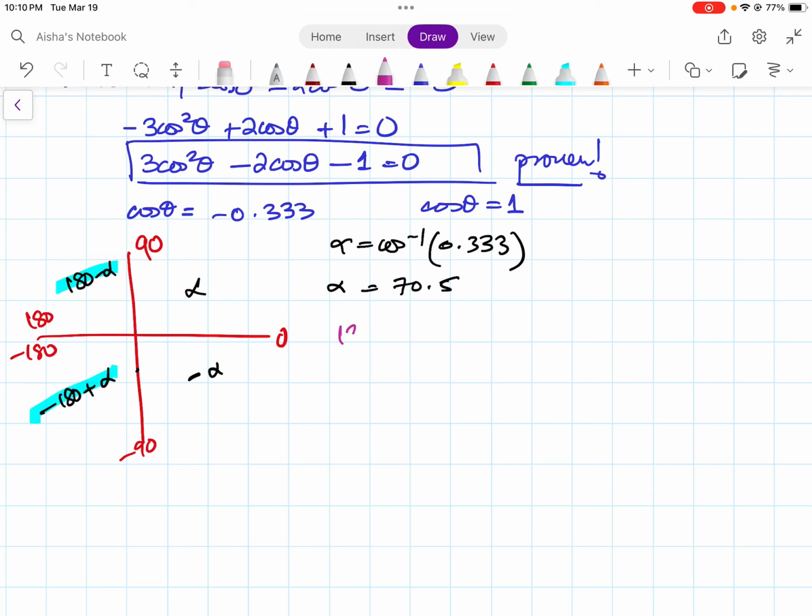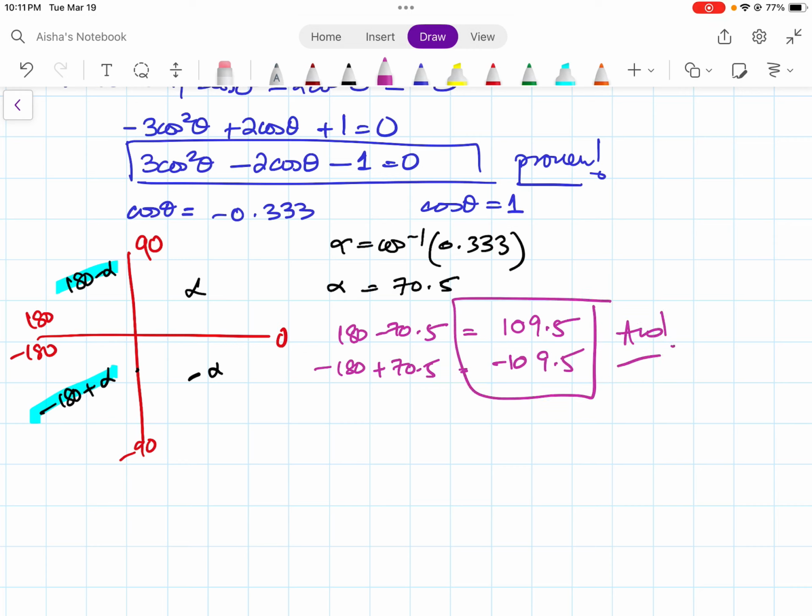So I will find out these angles. Minus 109.5. These are two of my answers. Now this is positive. Cos is positive in the first and fourth. Cos inverse 1 is 0.